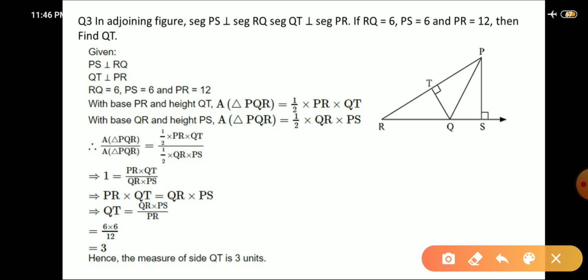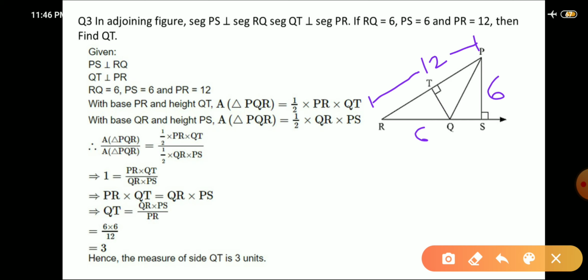And here the measurements: the length of RQ is 6 cm, PS is 6 cm and the whole PR is 12 cm.